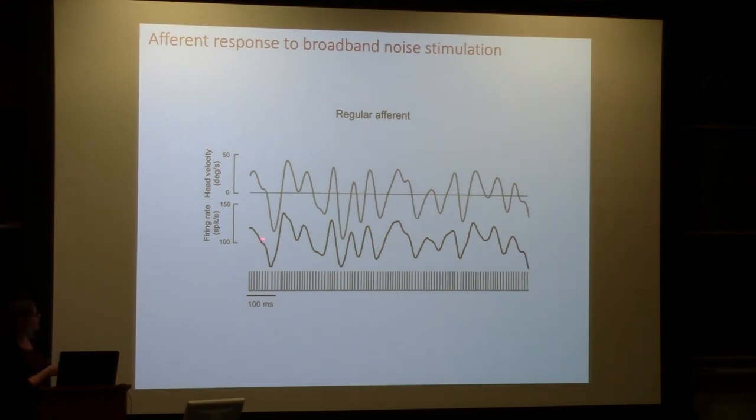So if you wanted to know how your head was moving through space, and you didn't have a gyro on the person's head, but you were recording from the afferent, you would have a pretty good sense of how things were moving through space. So it's a really good representation of head motion.